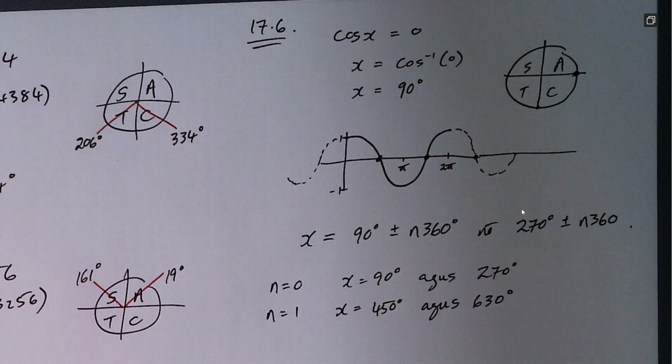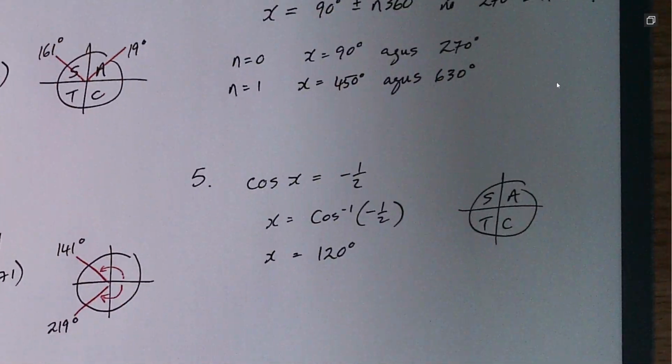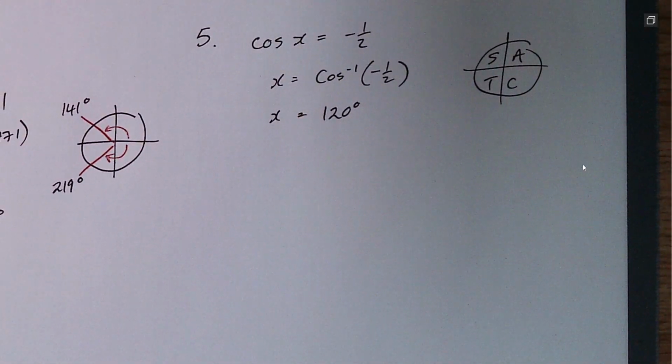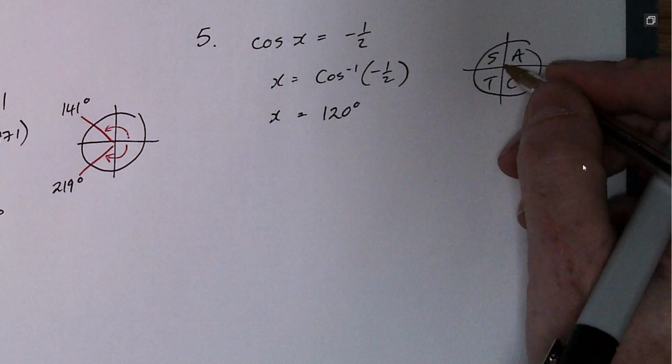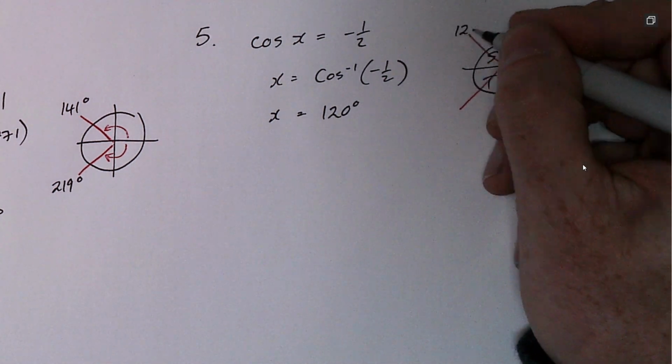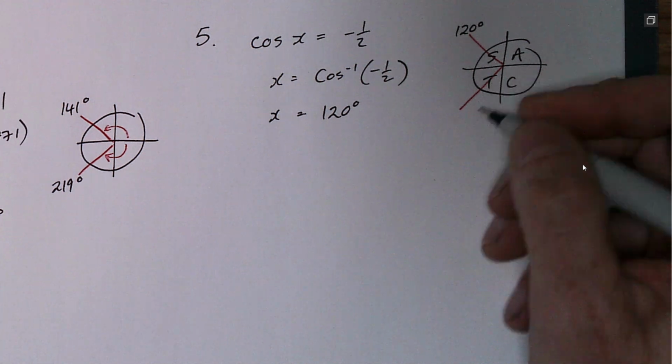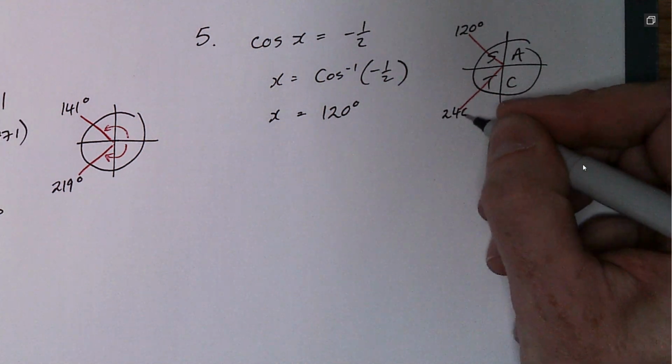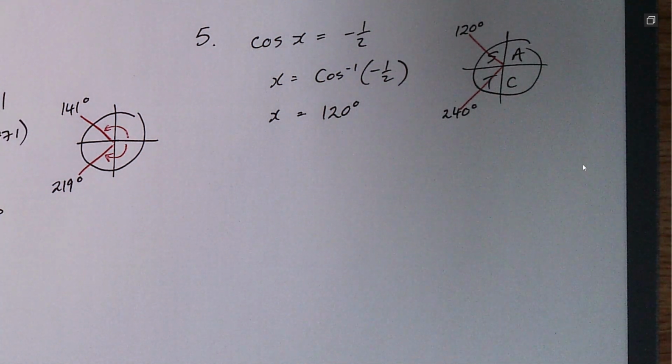Now we go to the CAST diagram, C-A-S-T. Cos is negative in this region and in this region. So we have 120 degrees here, and 240 degrees here.